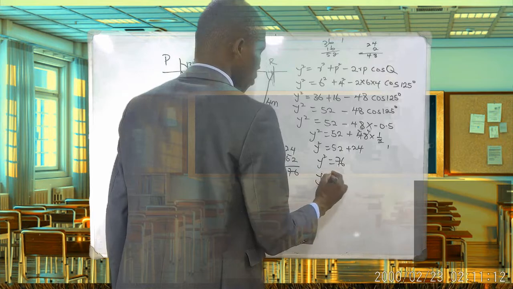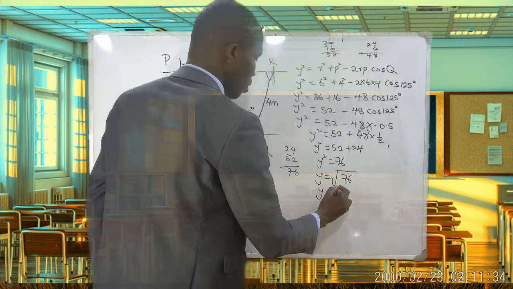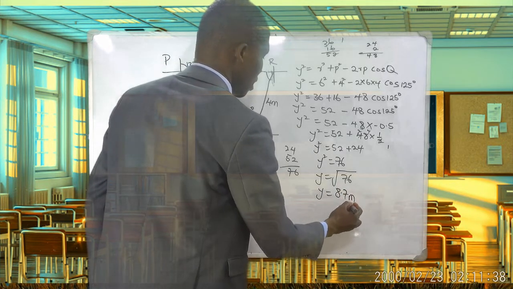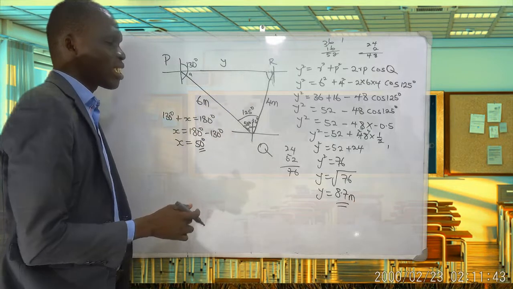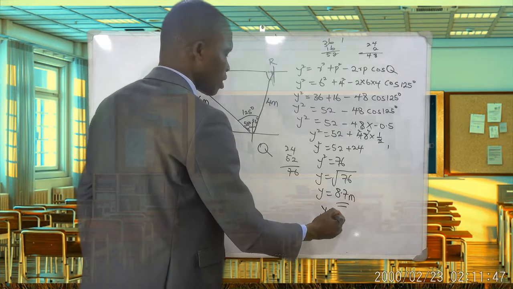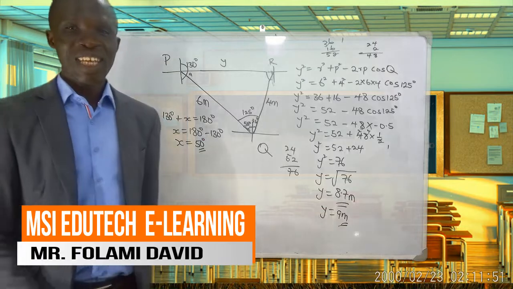So y will give us the square root of 76. Y will give us 8.7 meters. So that will be the longest side, 8.7 meters. If you want to round it up, we can call it 9 meters. I believe you understand this, right?